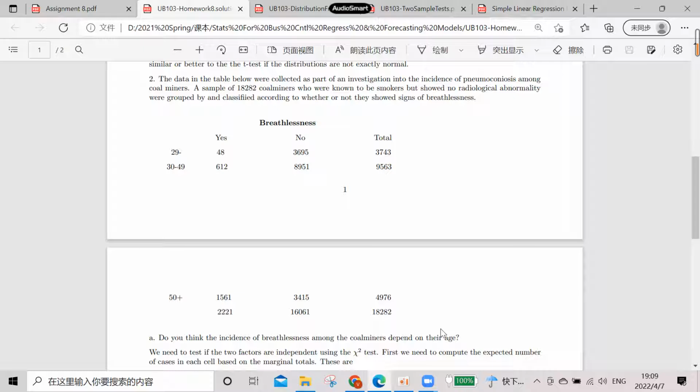Also, how do you know that this is a chi-squared off the bat, just by looking at this? I couldn't really see that immediately.